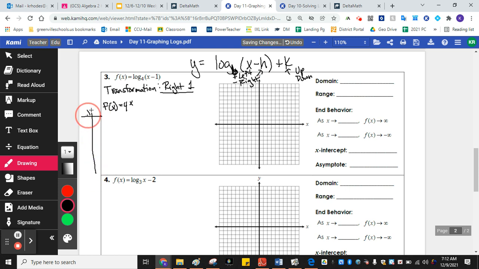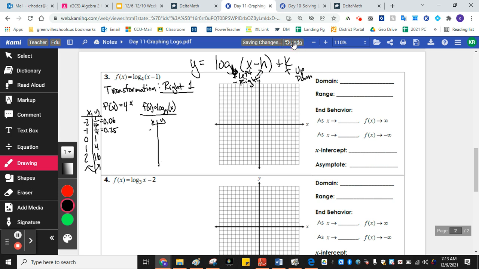So if I plugged in -2, -1, 0, 1, and 2, I'd get 16, 4, 1, 1/4, 1/16. Right? So then I'll inverse those. I'll flip those around, which gives me the log.